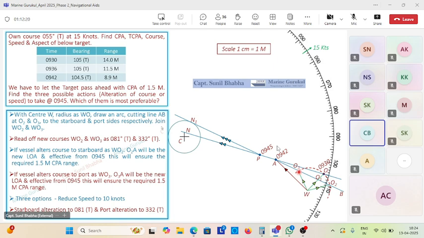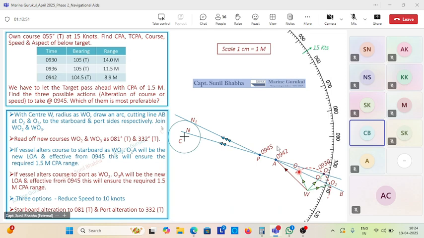Now, as per ROR, the crossing situation rule, on-ship has to keep out of the way and shall, if the circumstances of the case admit, avoid crossing ahead of the other vessel. So as far as ROR is concerned, none of the three actions contravene or contradict ROR. All three of them are acceptable as per ROR.